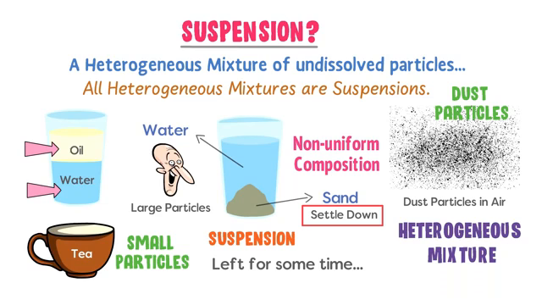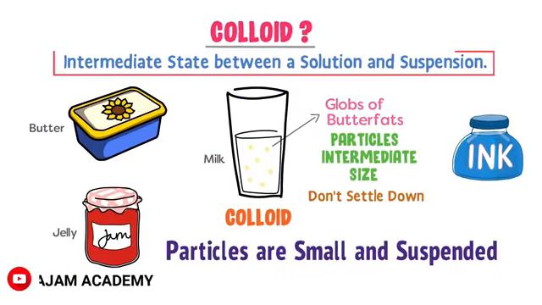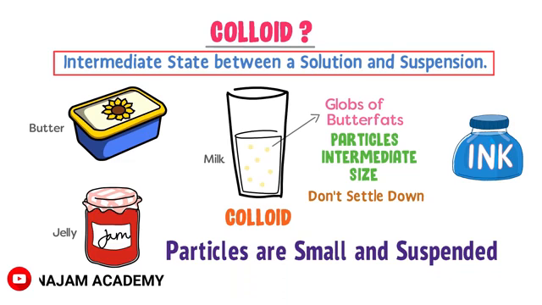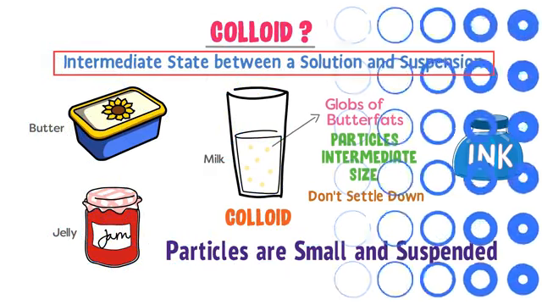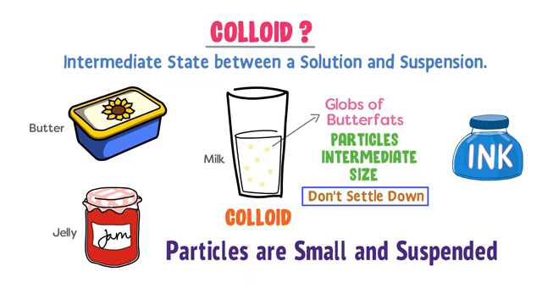For example, sand plus water forms a suspension. We also learned that the intermediate state of a solution and suspension is a colloid. The particles in a colloid are larger than those of a solution and smaller than those of a suspension. If a colloid is allowed to stand for some time, its particles will not settle down at the bottom. For example, milk is a colloid.